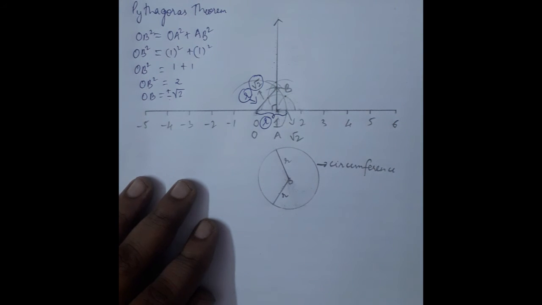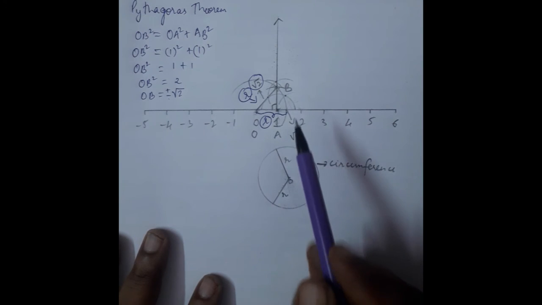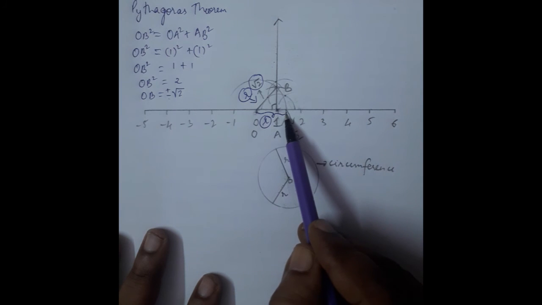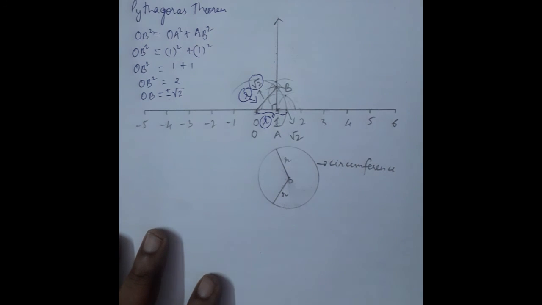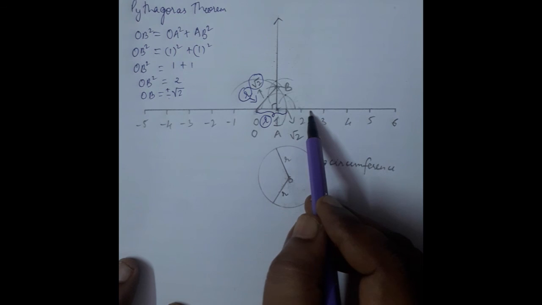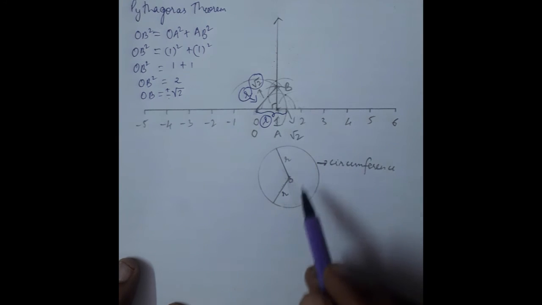I know it is a little bit confusing over here, but I'm trying to make you understand that this line from 0 to this point where we have marked root 2 becomes our new radius. Got it? So that is how we get root 2 on the number line, because this is root 2, and this is also a radius of a circle, and this is also a radius of the circle. This is how we get it.